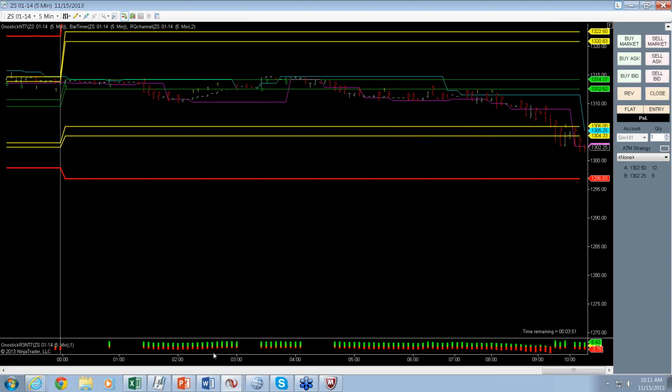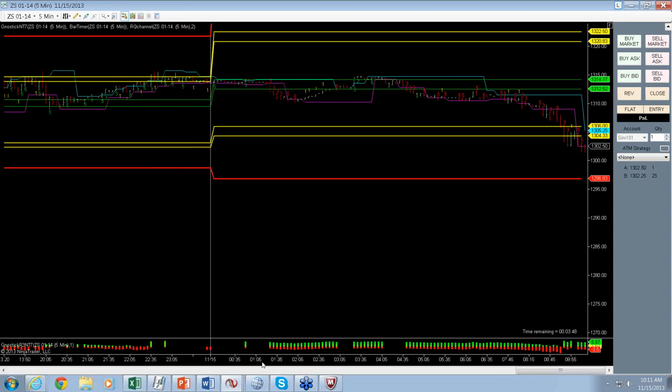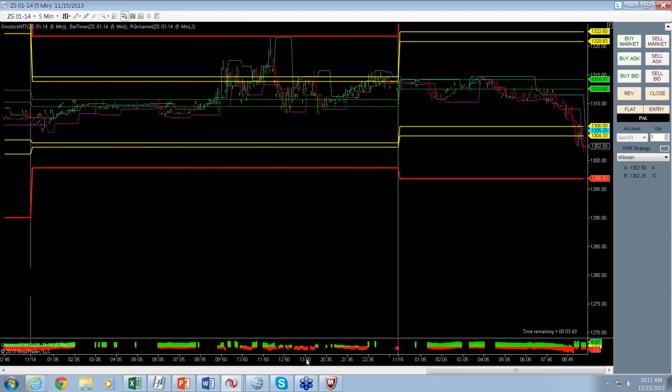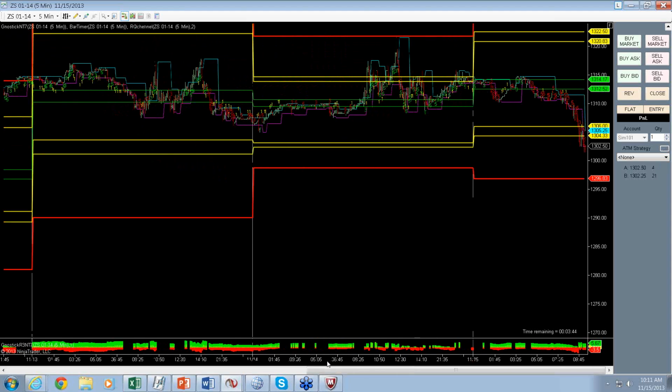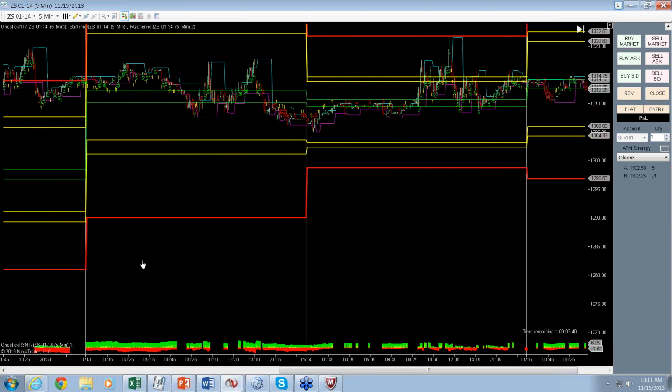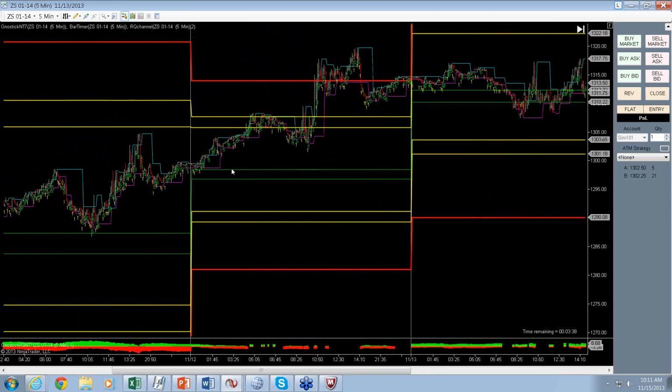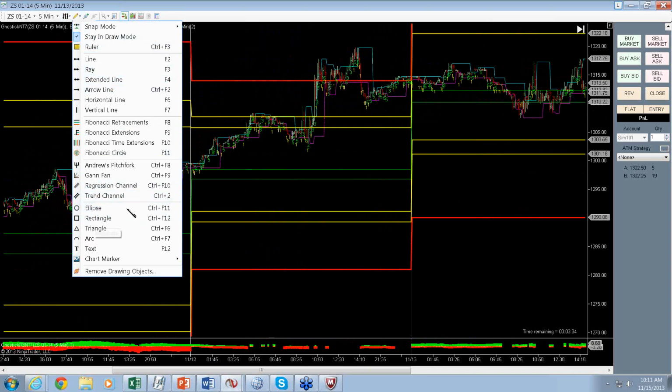We're at 1302. Now let's look back and see if there's any price action below it that could be representing support and not allowing me to get down into the zone 2. Some price action here. Let's take a look at where that relates to now.